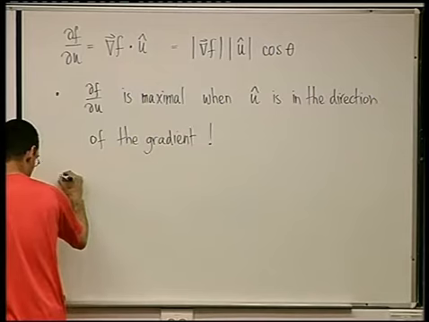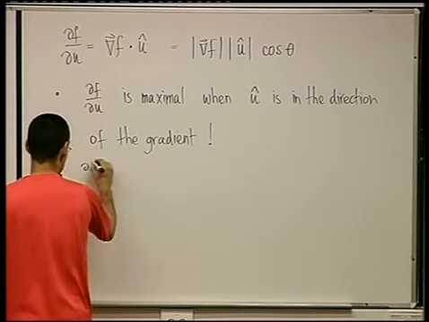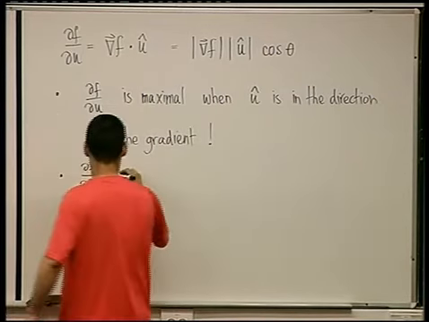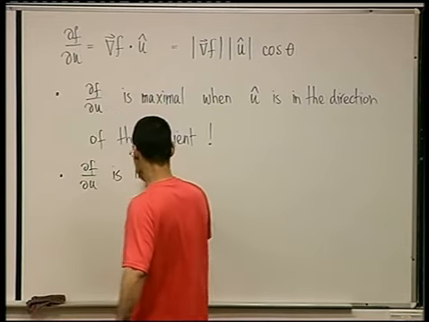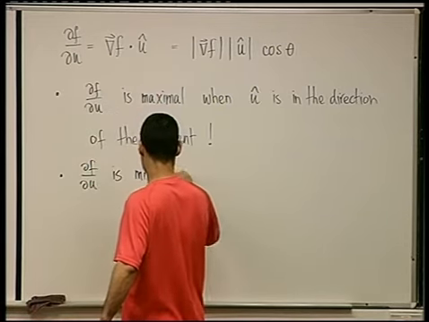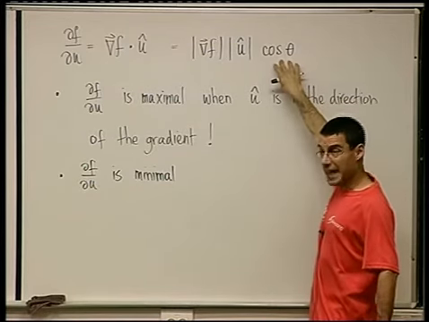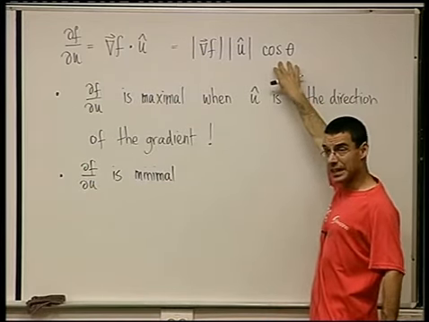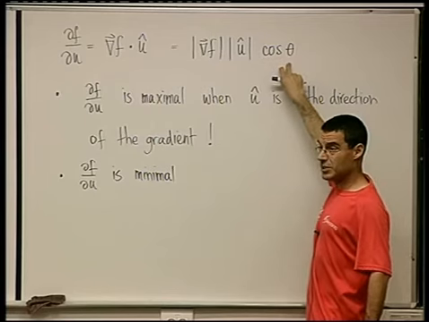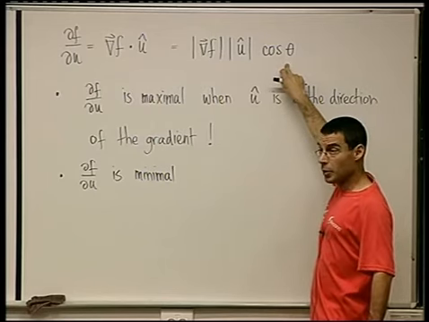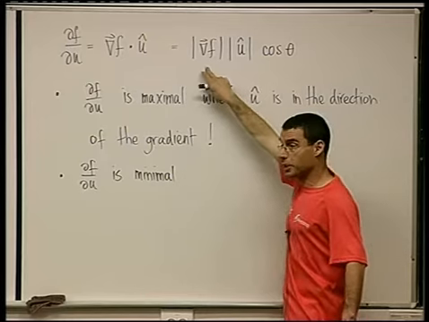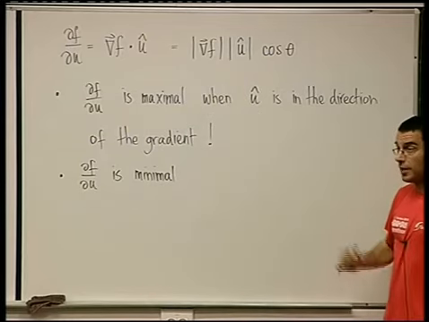And exactly along these lines, when is df/du minimal? When is this expression minimal? When cosine is -1. Cosine is -1 when theta is pi, which just means that the gradient is pointing in the opposite direction of u.